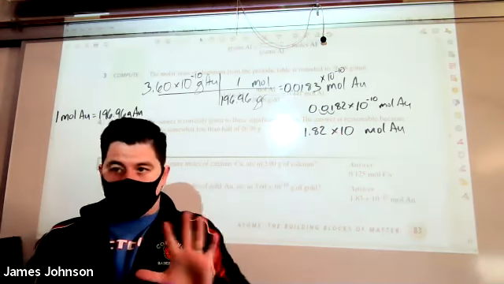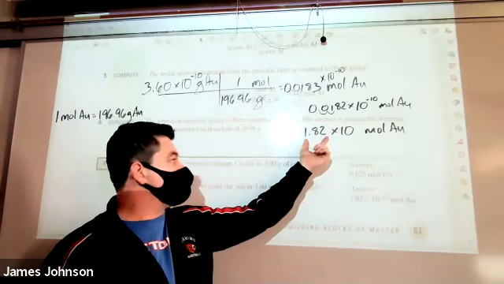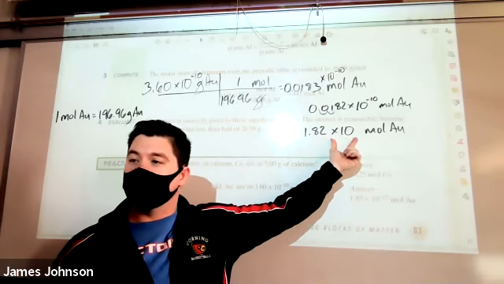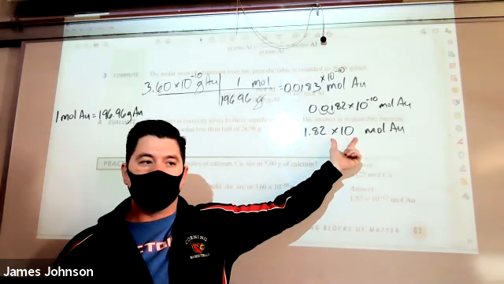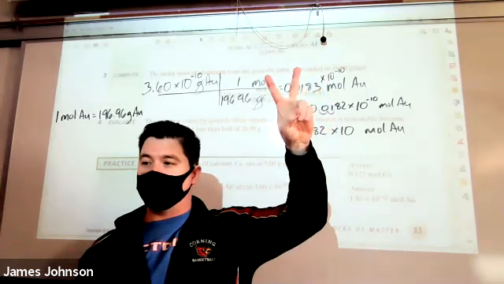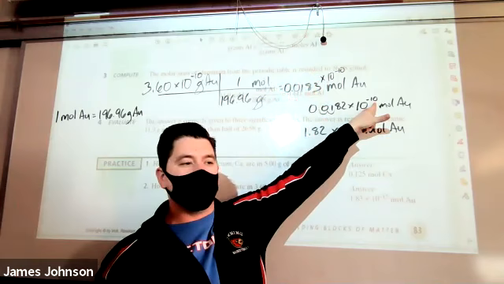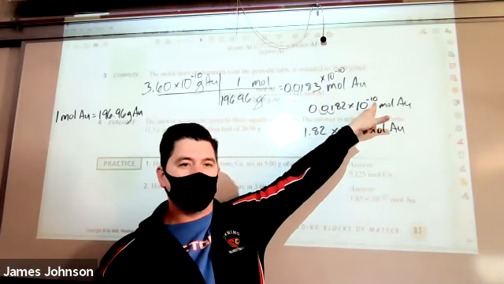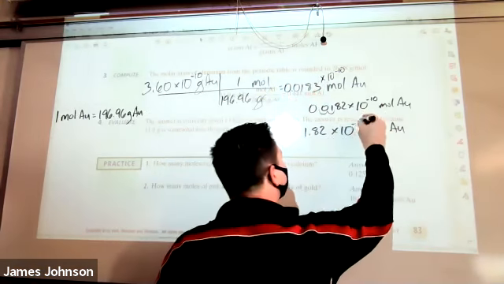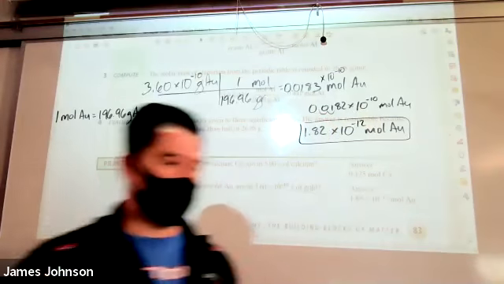Again, I'm not allowed to change the overall value. So in order to balance out the fact that this part of the number got bigger, that means that this part of the number has to get smaller in order to balance out that change. Okay, so it's going to get smaller by 2 because I moved the decimal 2 places. Well, what's 2 smaller than negative 10? Negative 12, right? Negative 12 is 2 smaller than negative 10.